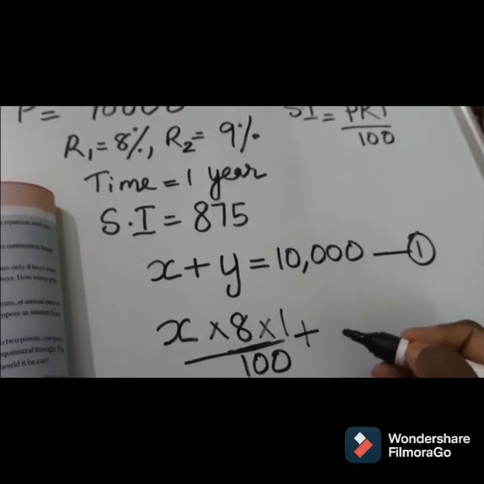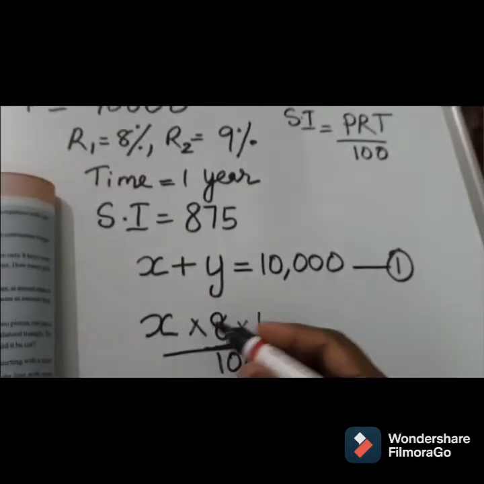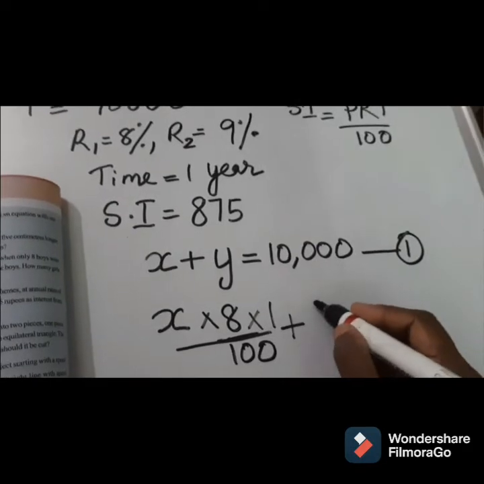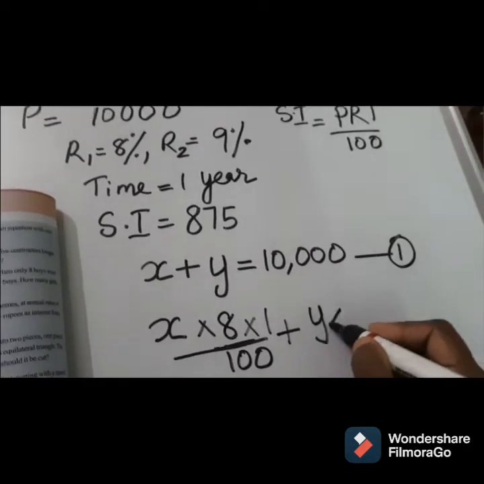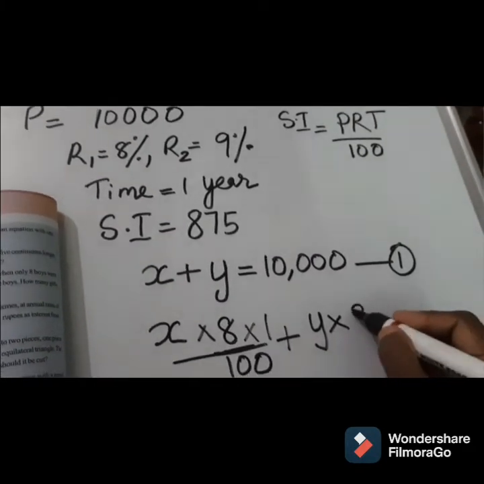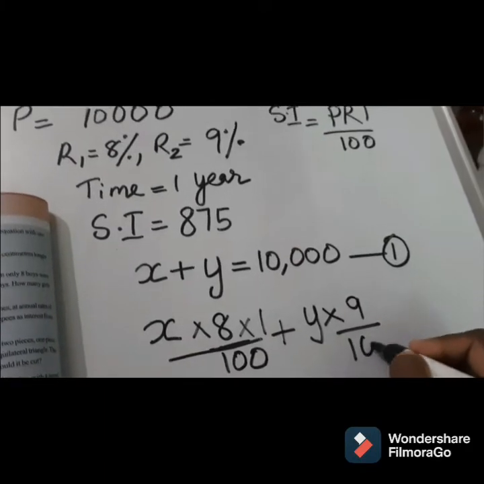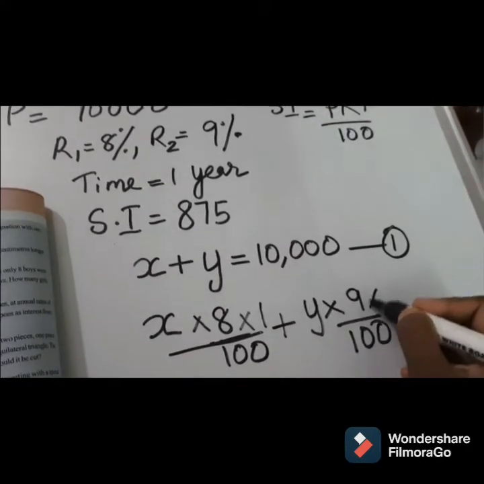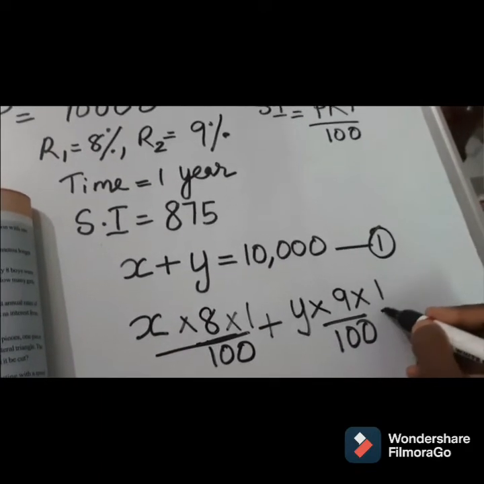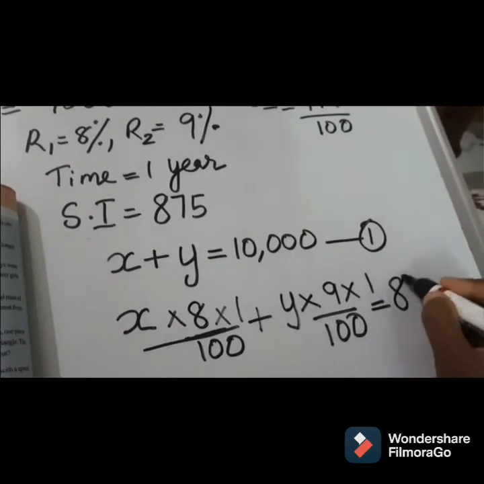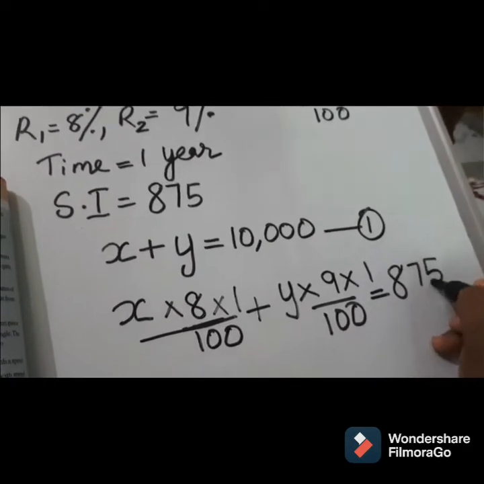Same it is. Now, what is the second scheme principal amount? That is Y. What is the rate of interest? 9%. Time period? That is 1. So, what does he get? He gets 875 rupees.